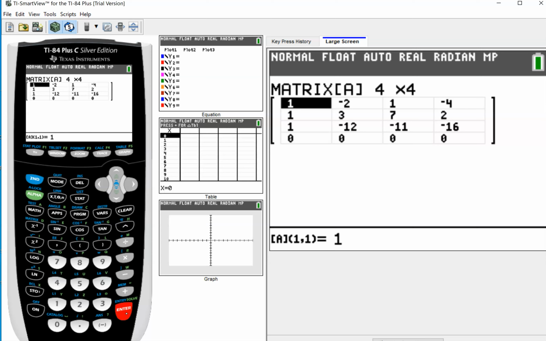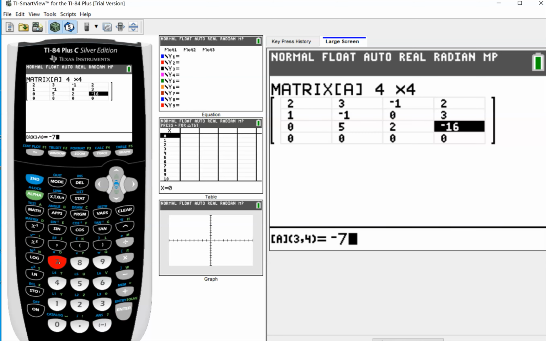And let's see, the first row is 2, 3, -1, and 2. The second row is 1, -1, 0, and 3. The third row is 0, 5, 2, and -7.